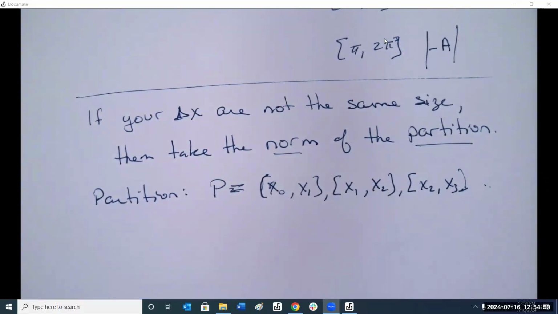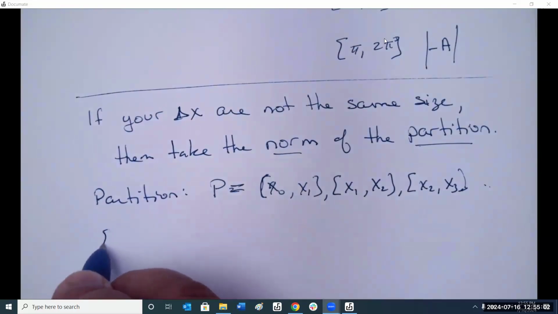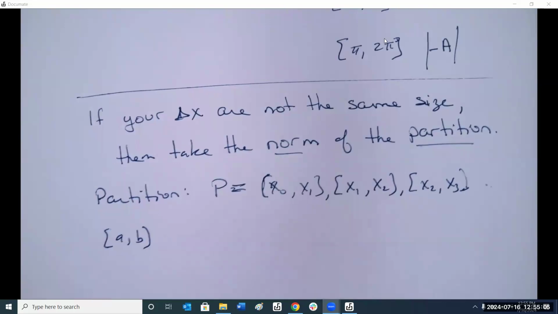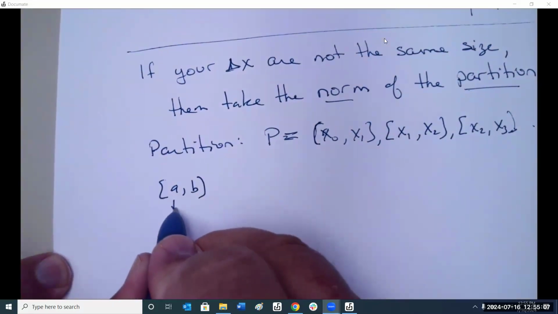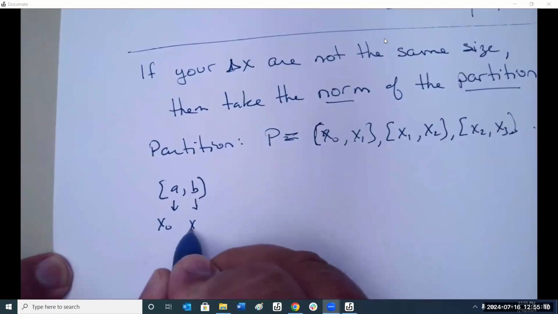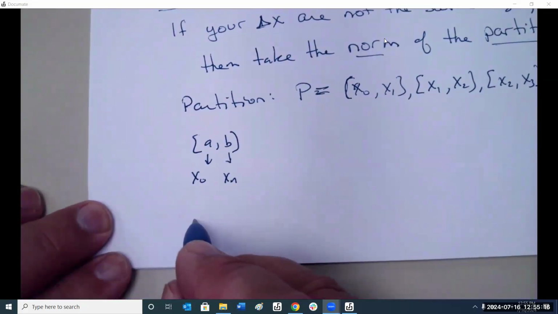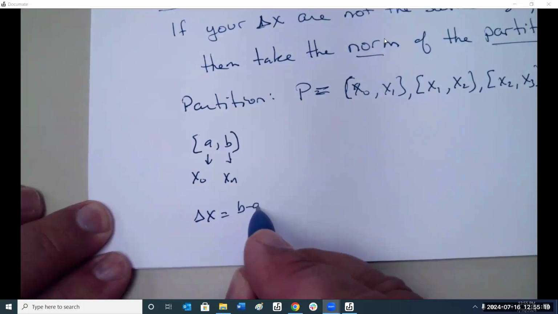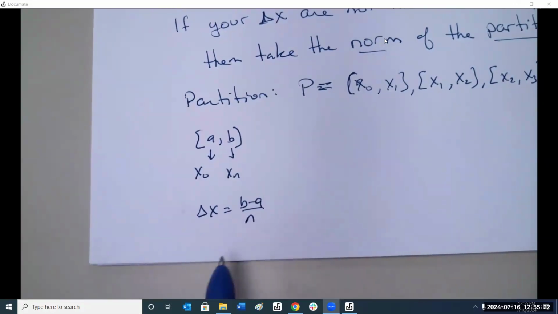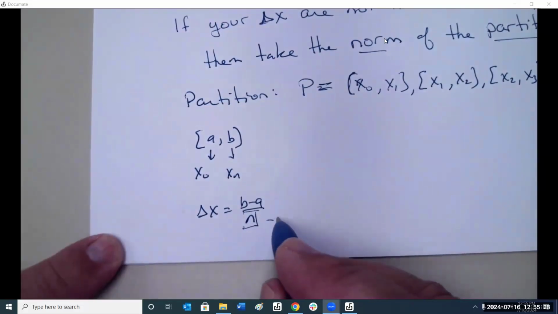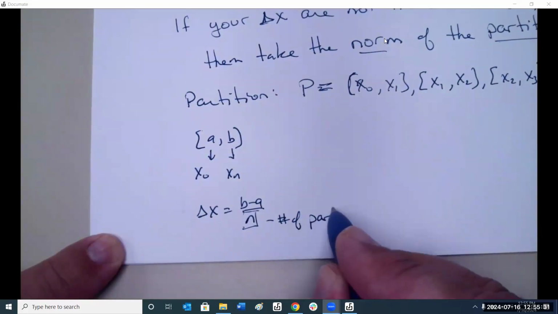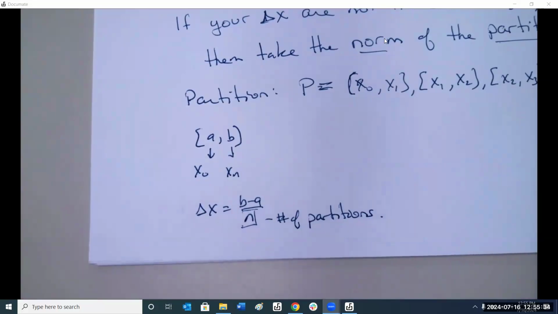Those are partitions because you've taken the domain from A to B. You label the first one x sub 0 and the last one x sub n. And we divided that. So this will tell us how many partitions we're going to have. Whenever you hear the word partition, you're simply talking about the width of the interval.